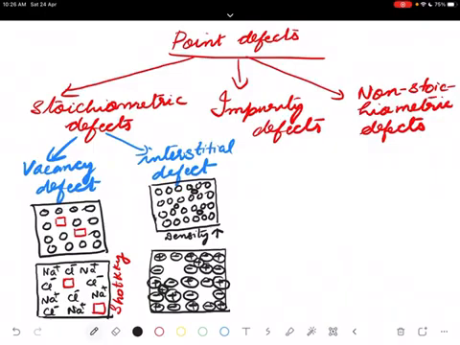Here, what happens to the density? The density remains the same. It does not change the density of the solid. So we'll write here, density remains the same.